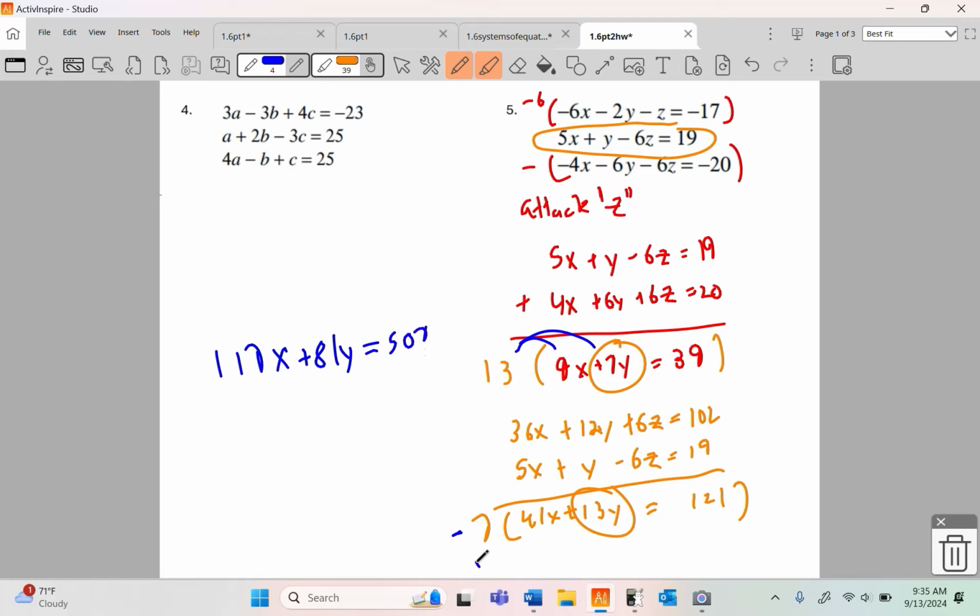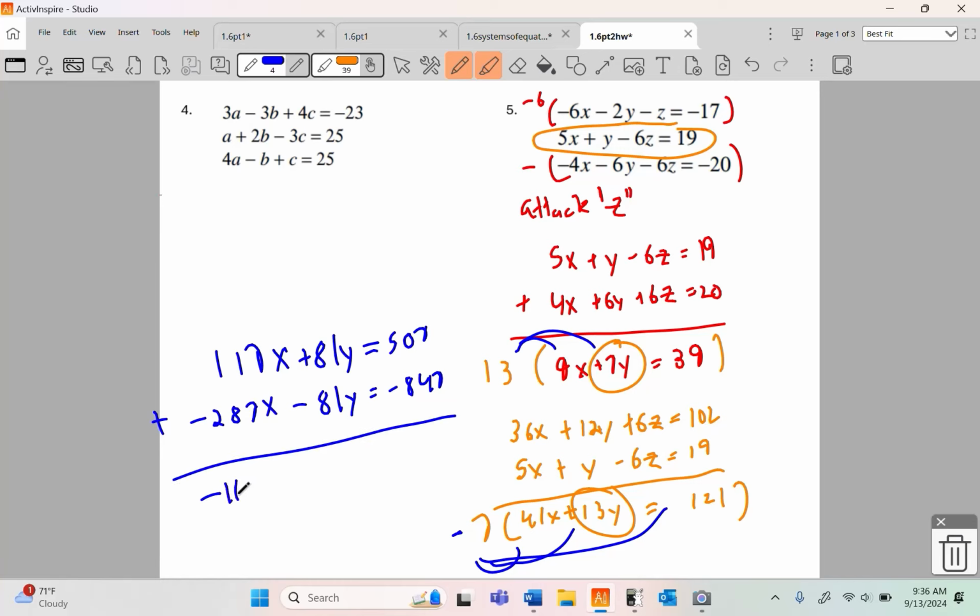All right, now we got negative 7 times 41, which is negative 287. 7 times 4 is 28. Negative 7 times 13 is minus 91y. And then we got negative 7 times 121, which is negative 847. I think. Pretty tired. Start adding. What have I got? I got a negative 170x.